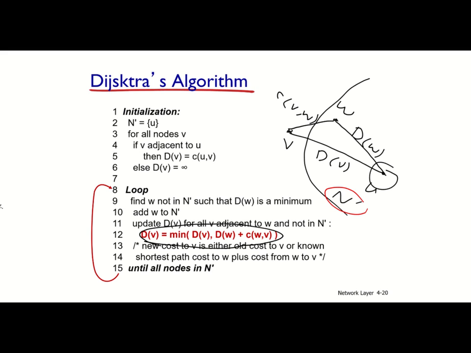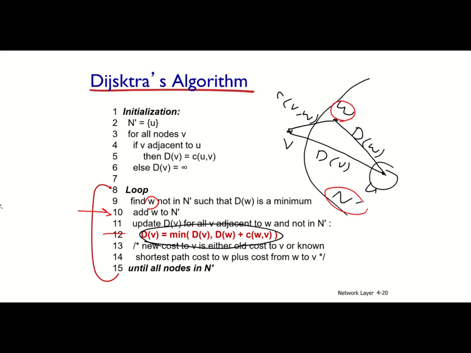And assume that w is the node that had the minimum value of d, and it was not in the set N prime, and we just added w to the set N prime in line 10 of the algorithm.